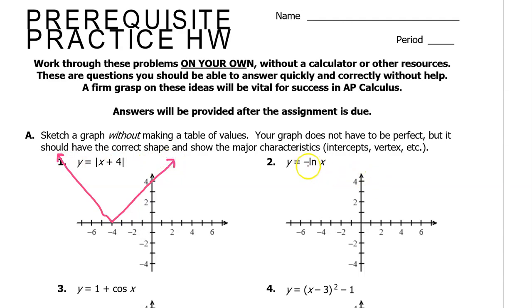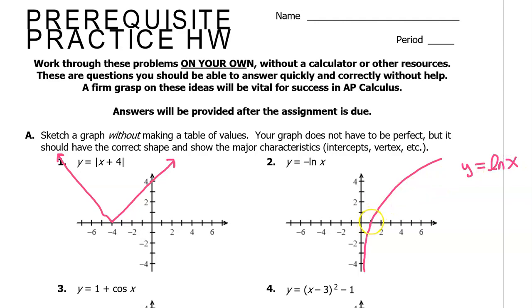Problem number 2. You should have memorized that the parent function for the natural log is like this, right? It approaches the y-axis as an asymptote, but it goes like this. So this is the basic look of the parent function of y equals natural log of x.